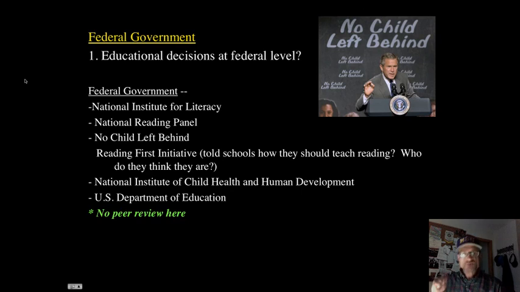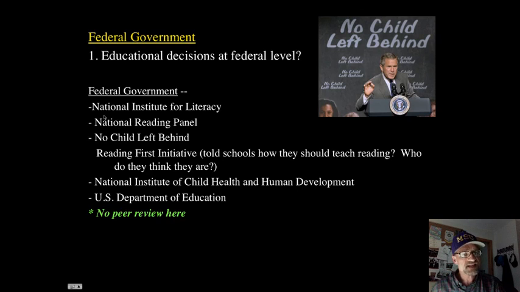Now, we should be very wary of educational decisions made at the federal level. The federal government should stick to government things, not intrude into state and local school district decisions. We do not want to move towards a national curriculum of any kind.